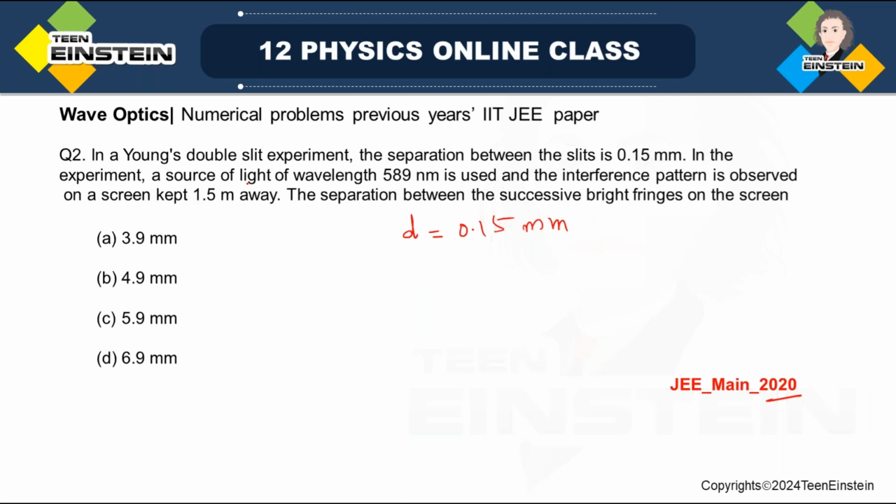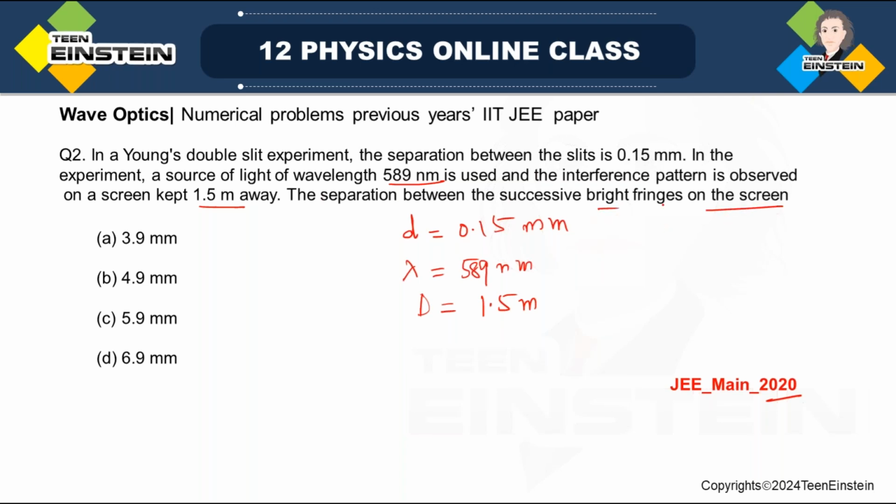In the experiment, a source of light of wavelength 589 nanometer is used, and the interference pattern is observed on a screen kept 1.5 meter away. That means D is also given. The separation between successive bright fringes on the screen.